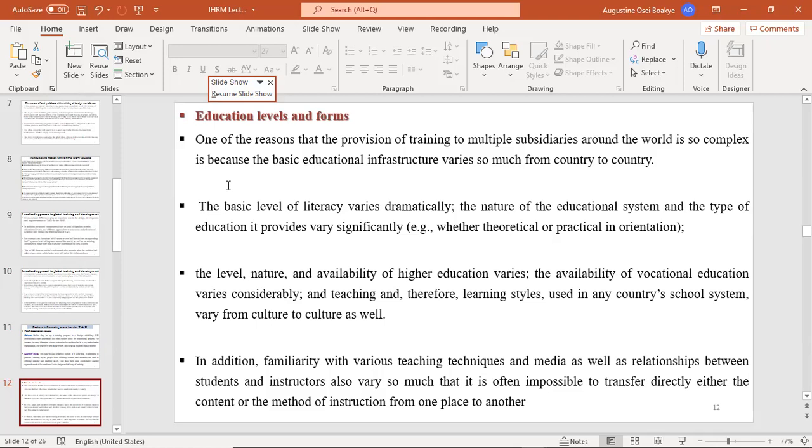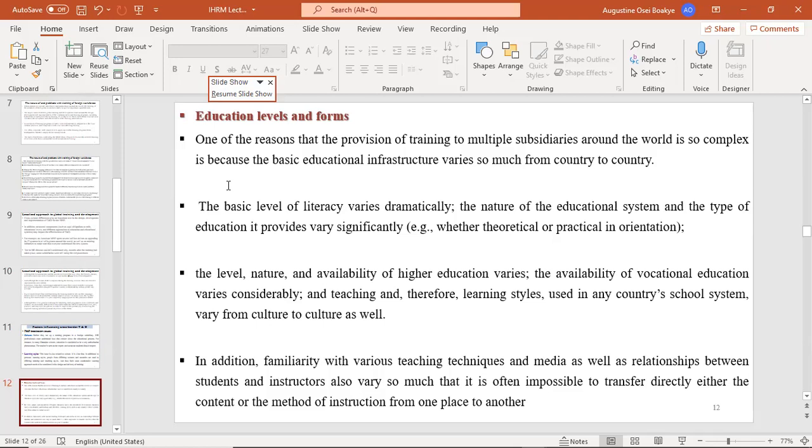The nature of the educational system and the type of education it provides vary significantly, whether theoretical or practical in orientation. Now, the level, nature, and availability of higher education varies, and the availability of vocational education varies considerably. And teaching and therefore learning styles used in any country's school system vary from culture to culture.